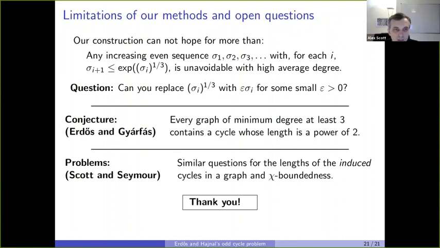Actually, one more question. I know you haven't worked it out, but for the Erdős and Hajnal conjecture that minimal degree 3 gives a power of 2, you have some degree that works. Do you have some very vague sense of the order of magnitude? Is it absolutely gigantic, or is it something kind of human-sized? Other than non-regularity, I really wouldn't like to guess.